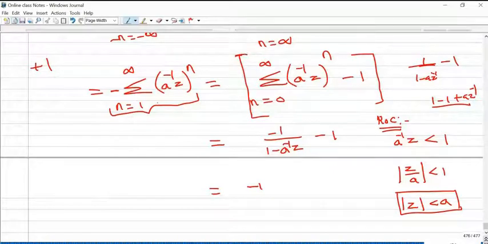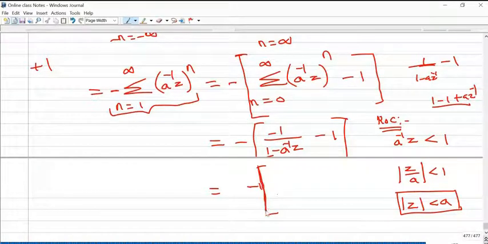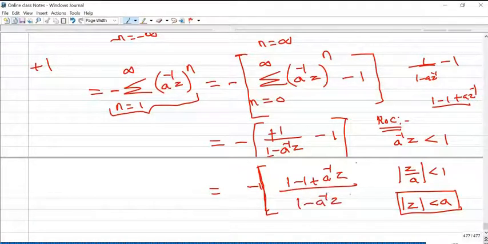So summation n from 0 to infinite A power n. For that only this result. So keep this minus away. Keep this minus away. So cross multiply: 1 minus 1 plus A inverse Z divided by 1 minus A inverse Z. So 1 will be cancelled.